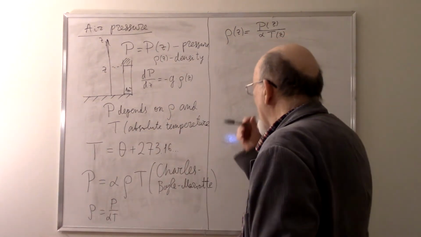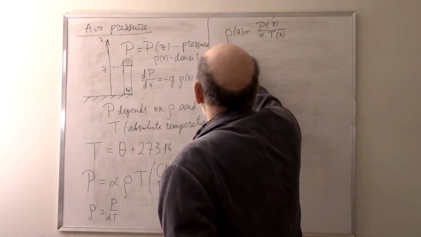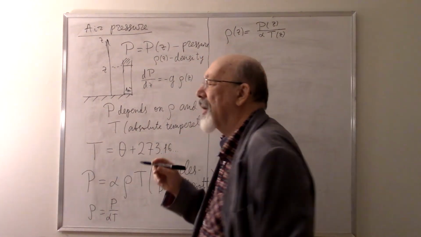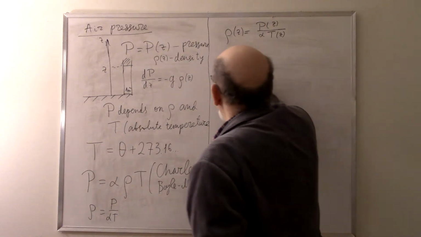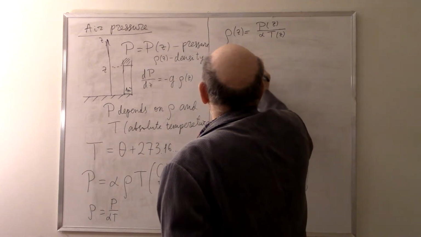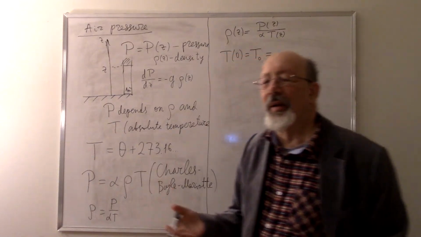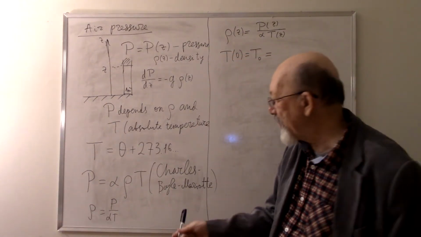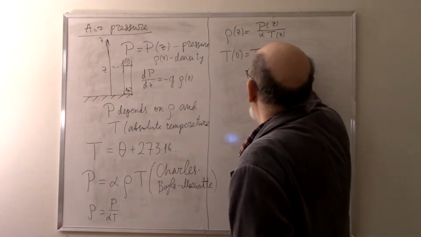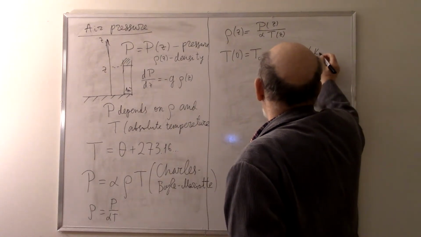So what we know, if we take the typical figures, at the ground level T of 0, say T0, let's take 20 degrees plus 273, that is 293 kelvins.